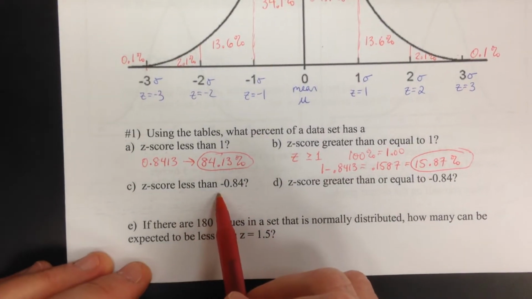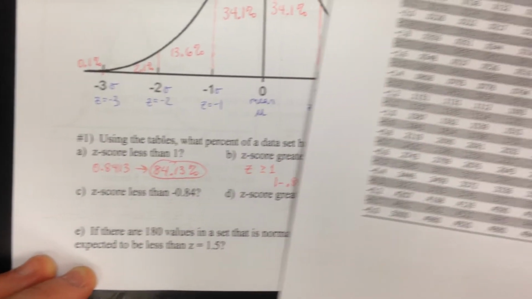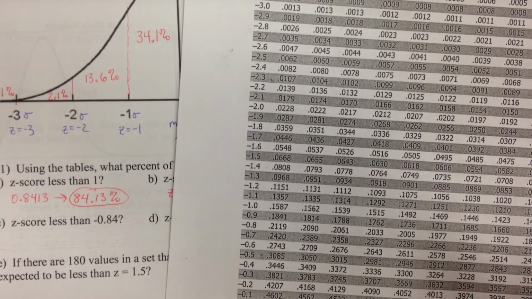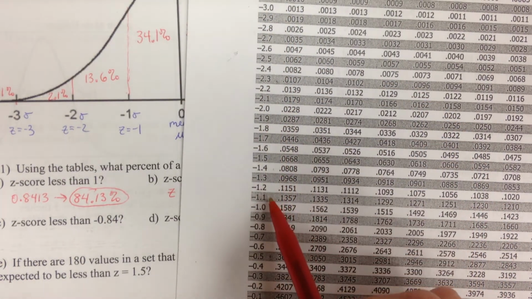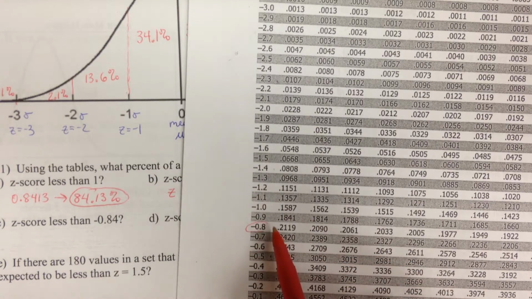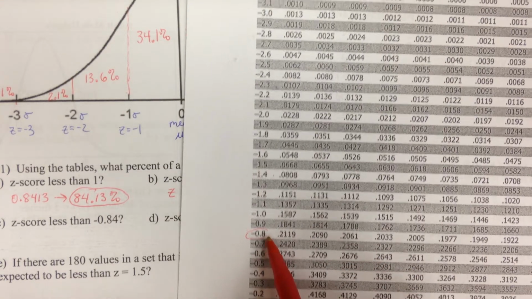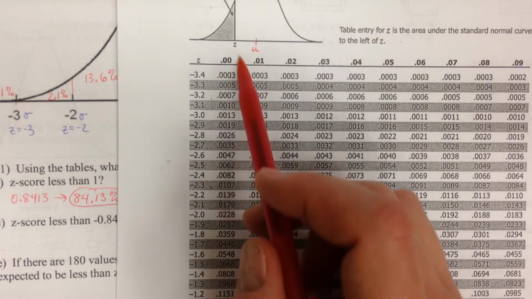If the z-score is less than negative 0.84, so what we'll do is we're going to take our chart and go to z, the column here, negative 0.8. All right, that's here, but I want negative 0.84. Now as I read across, okay, I know it's hard to see, I'm going to come up to the top.